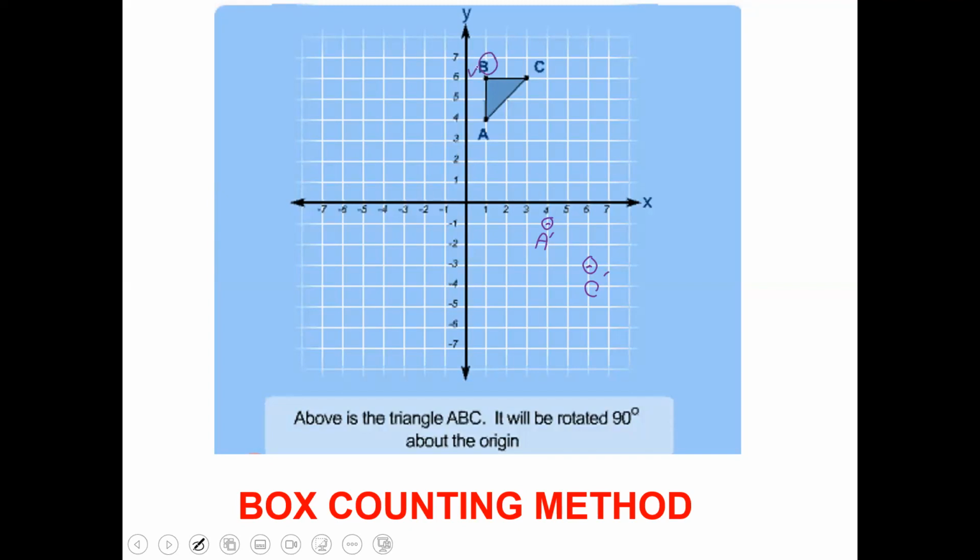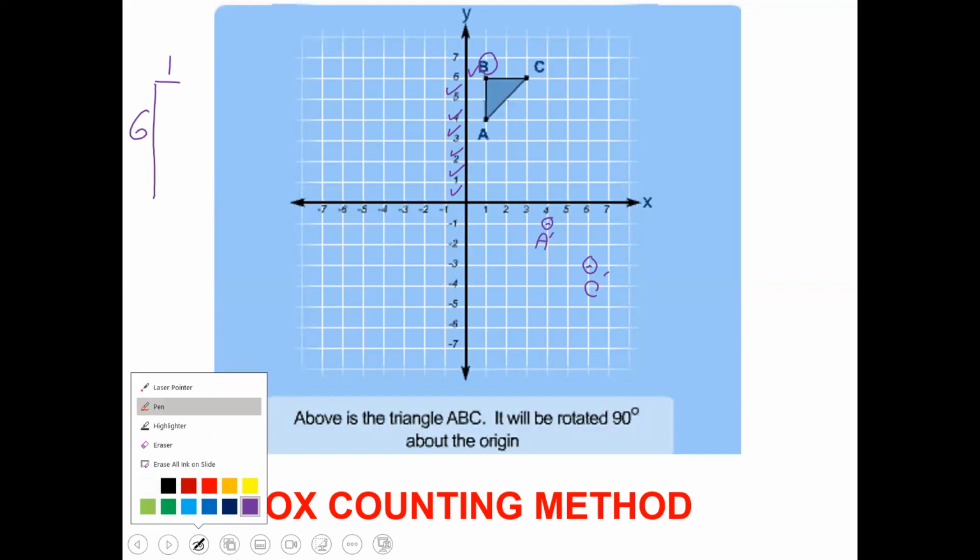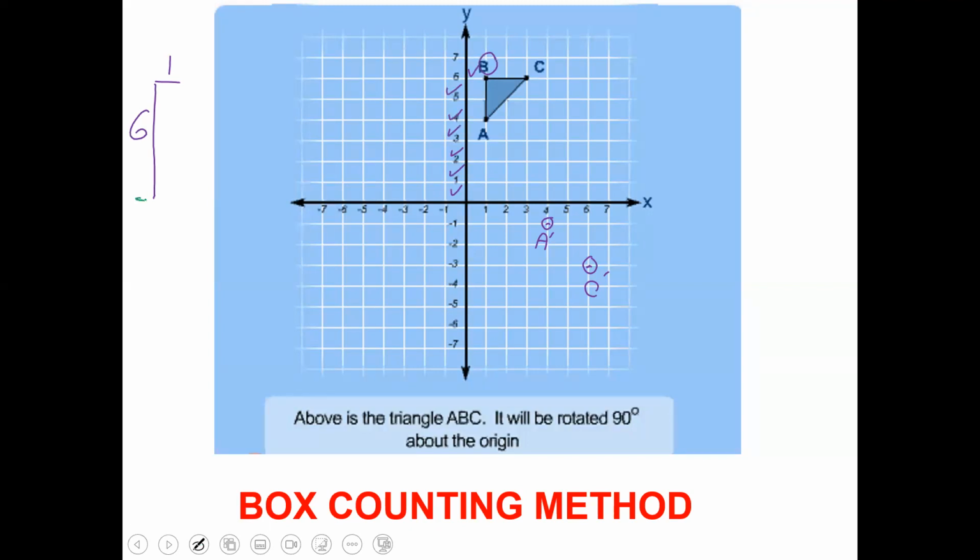1 point horizontal, 6 boxes vertical, 1, 2, 3, 4, 5, 6. So if I make a line like this, it is 1, it is 6. This is a 90 degree rotation.